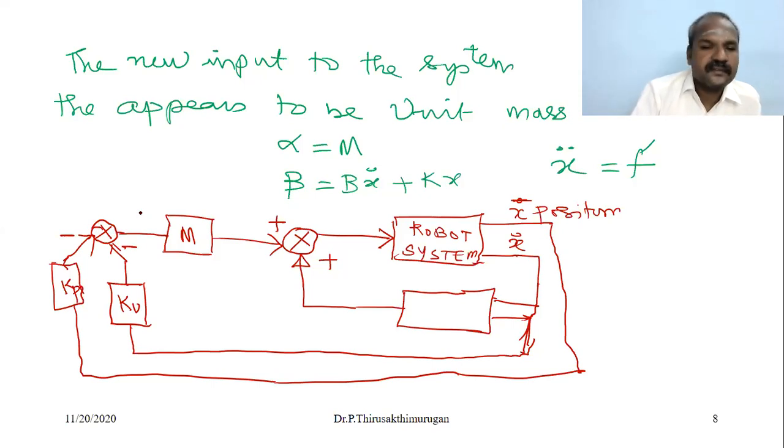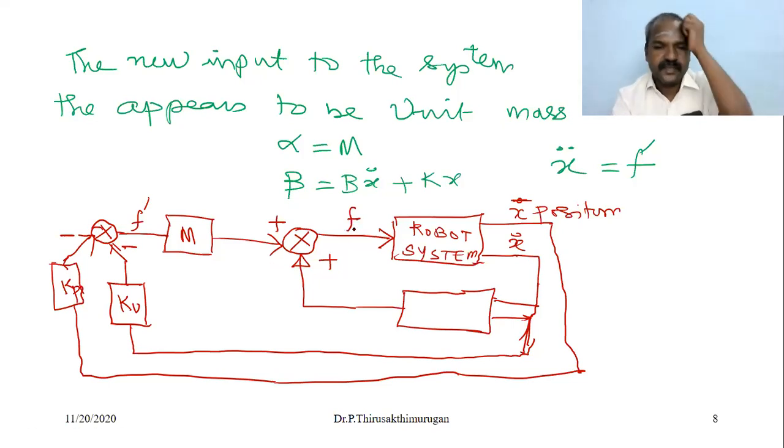So this is f dash. Okay, plus minus plus. Then what is the input to the system? F. So f is the input to the system. So f dash is here.